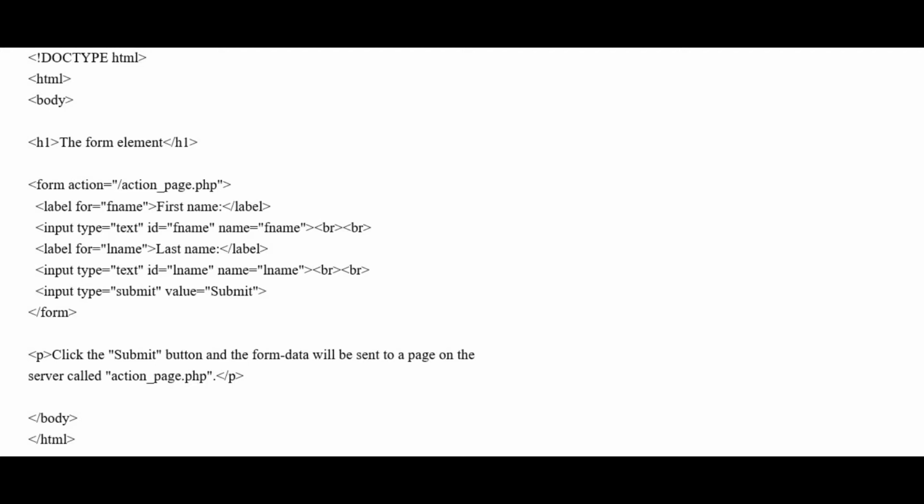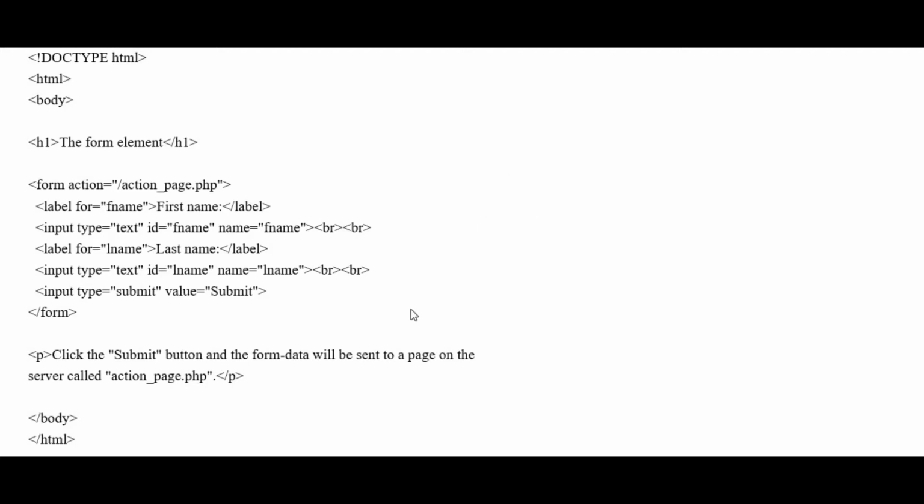Give the name and id for that input type, which is used for further procedure. Label for last name. Then input type equal to text, id lname, name lname. Then input type equal to submit and value equal to submit.